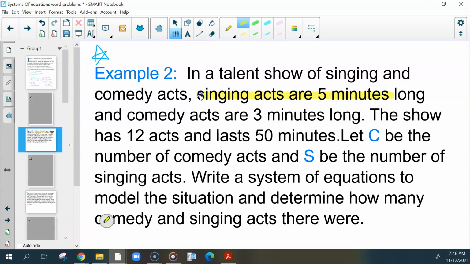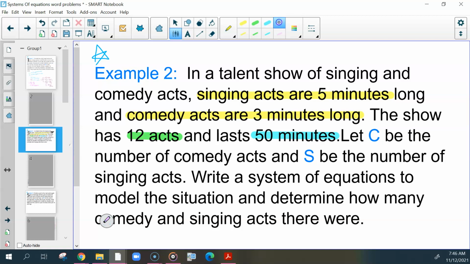Singing acts are 3 minutes long. Yes. Anything else? Because 12 acts lasted 50 minutes. Anything else? Seasonal.